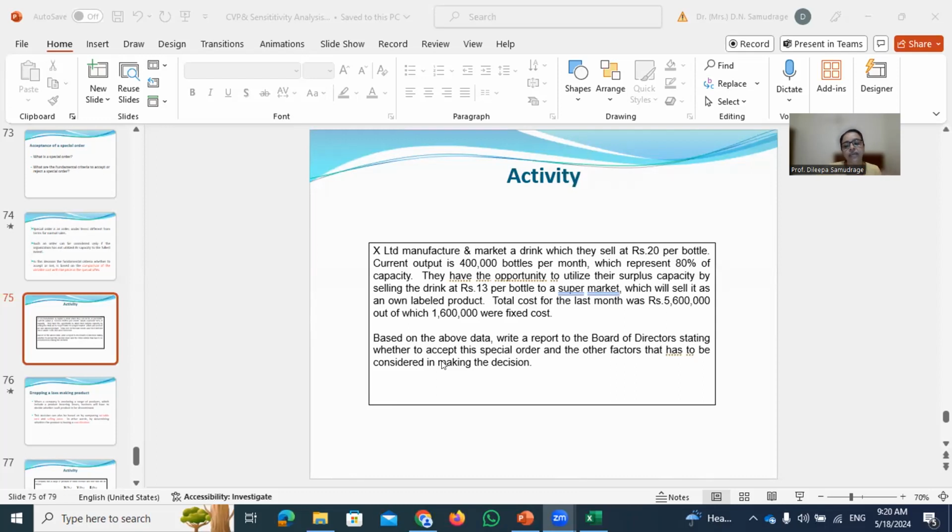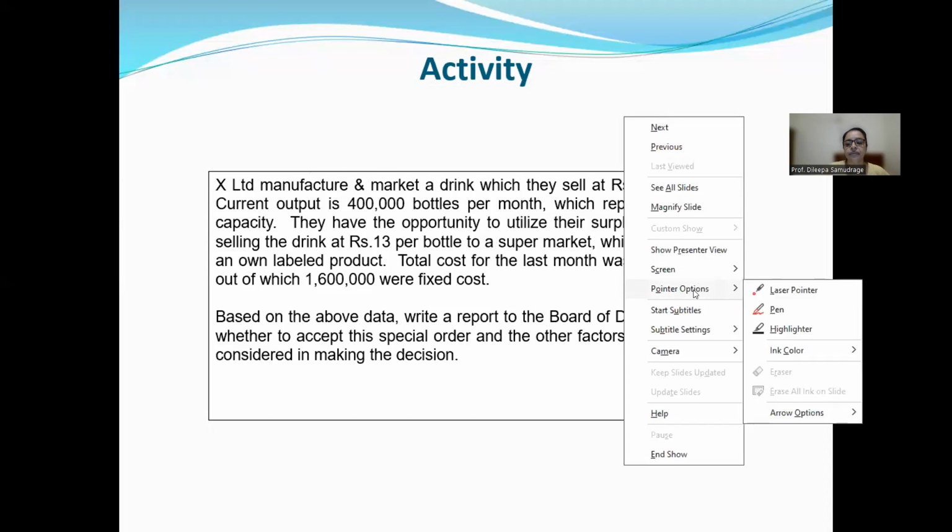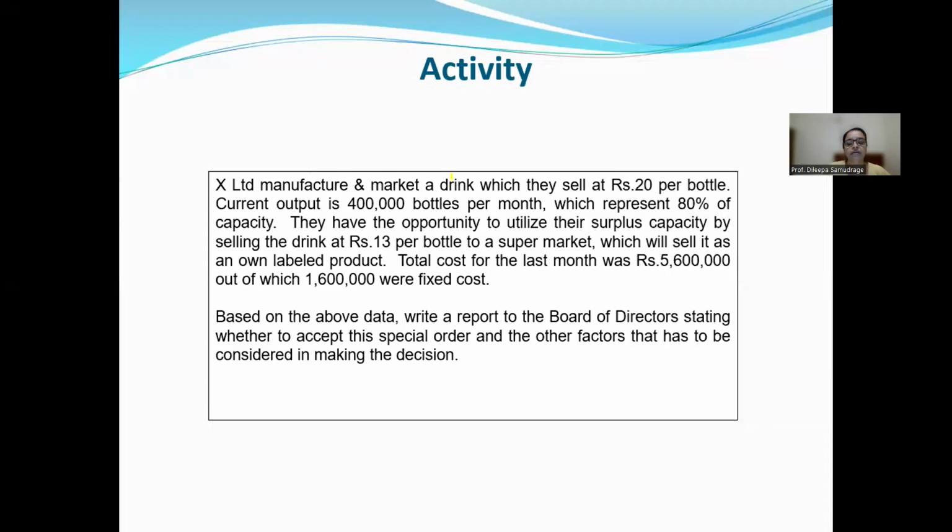First we'll look at the question, because other students may not have read it. X Limited manufactures and markets a drink which they sell at 20 rupees per bottle. The current output is 400,000 bottles per month, which represents 80% of capacity.